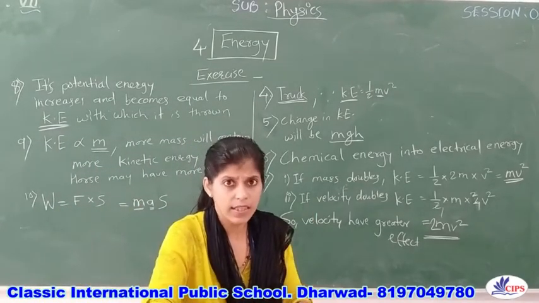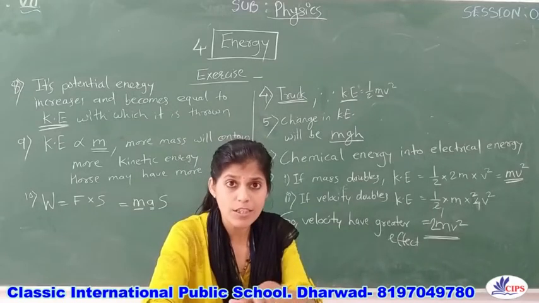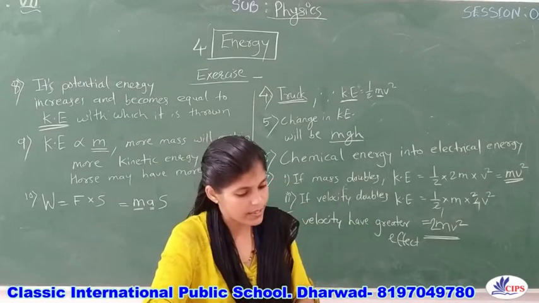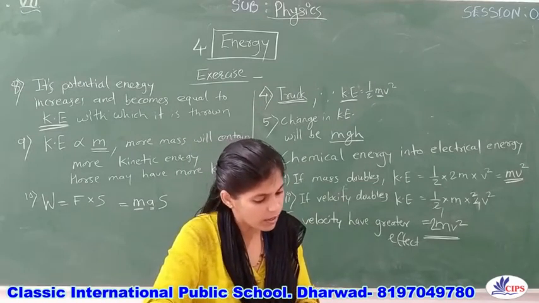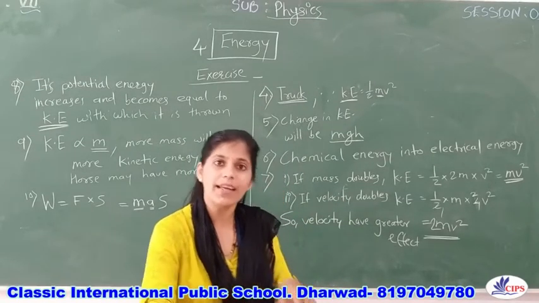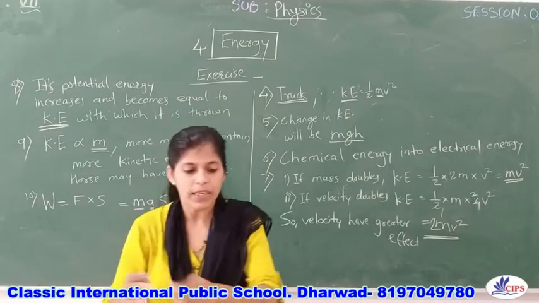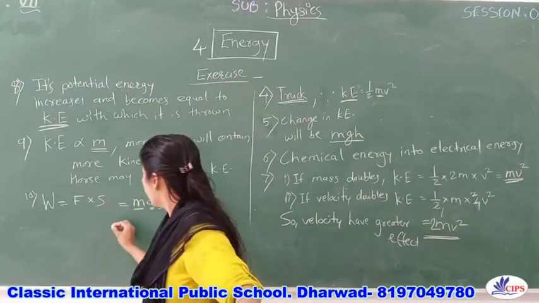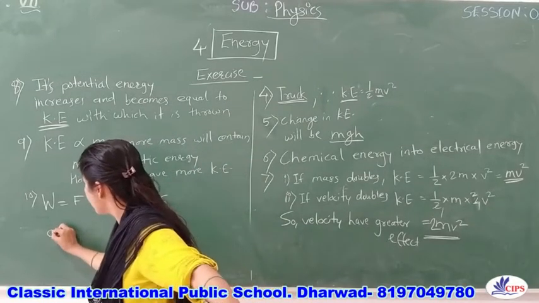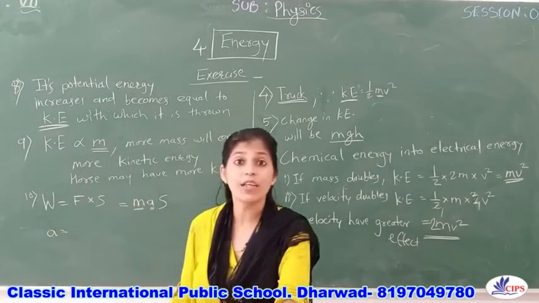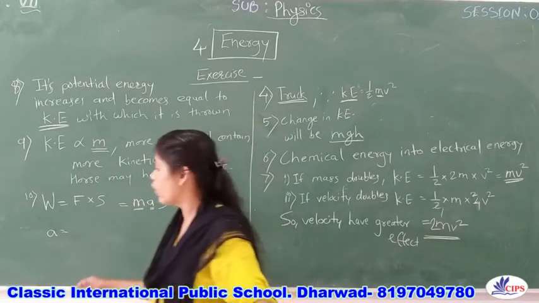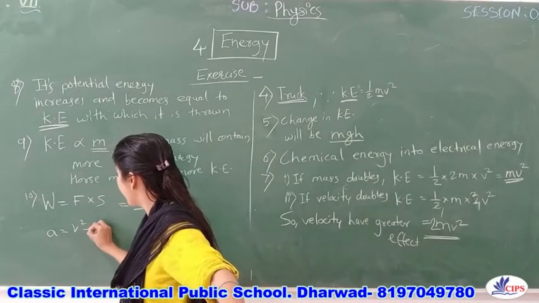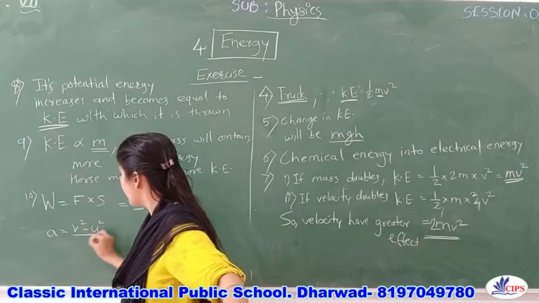In the example, they ask if there is a change in acceleration. They said the change in kinetic energy means what? It is nothing but acceleration. If it is changing, then what will happen? You know, a will always be equal to the final velocity minus the initial velocity in a particular time.